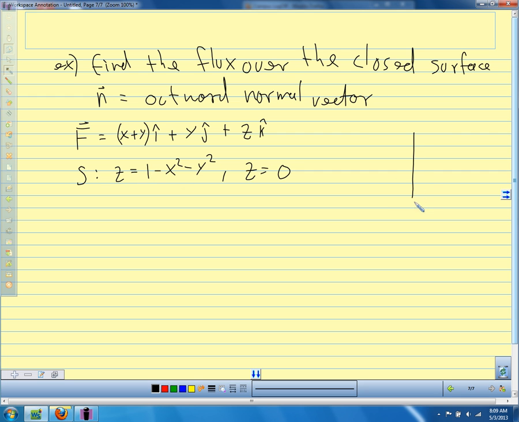So I'll sketch it in the first octant here. The sides are parabolic. In the xy plane, it's a circle. So this is z equals 1 minus x squared minus y squared. Here in the xy plane, we have x squared plus y squared equals 1 when z equals 0. And this is a quarter of our surface.